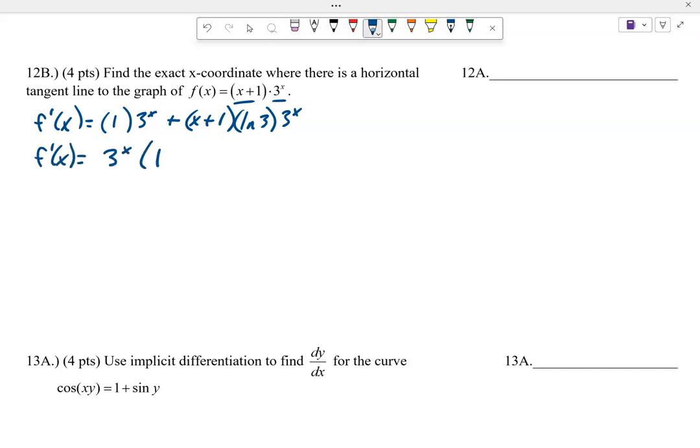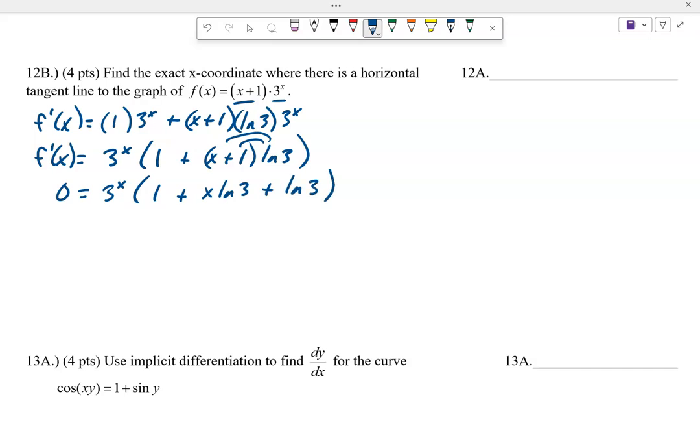So I'd have 1 plus x plus 1 times ln of 3. We distribute that ln of 3 here. So f prime of x, we want to know where this has a horizontal tangent, so I can set that equal to 0: 1 plus x ln of 3 plus 1 times ln of 3, which is just ln of 3.